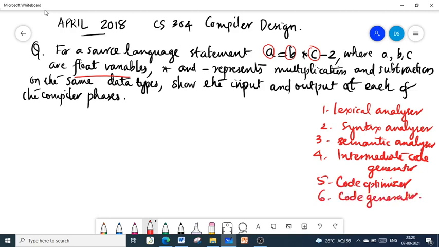So we will see the different input and output combinations for these 6 phases.